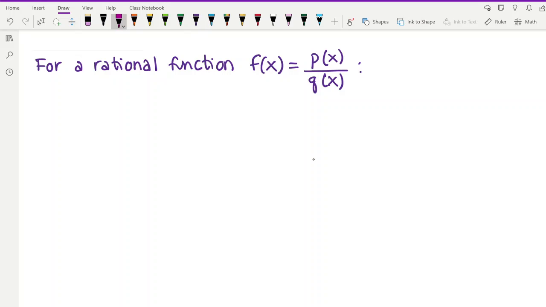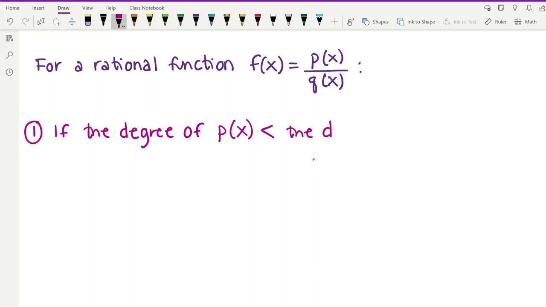So the first thing that we just found is that if the degree of the numerator is less than the degree of the denominator, there is always going to be a horizontal asymptote at y is equal to 0.